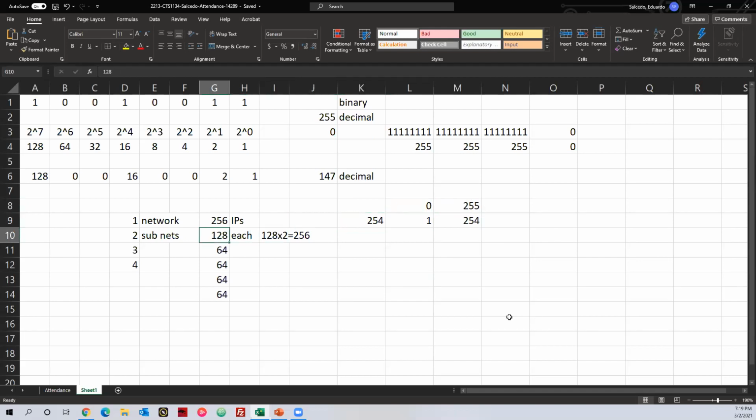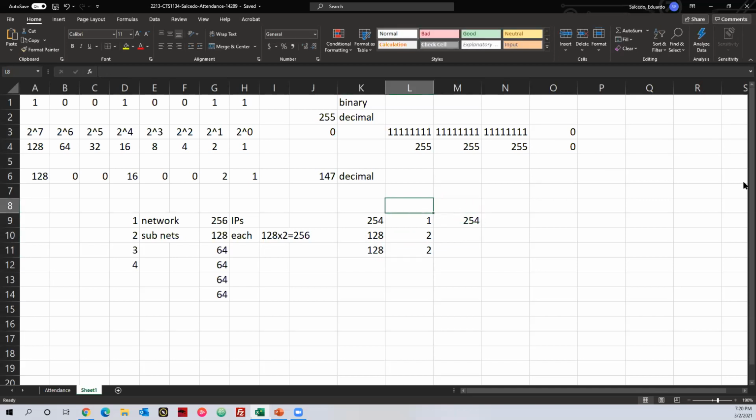Now, if you subdivide it into 2, you will have 128. But out of those 128, the first one you cannot use, and the last one you cannot use per subnet. So you will essentially be losing 4, 2 in the first one, and 2 in the next one.